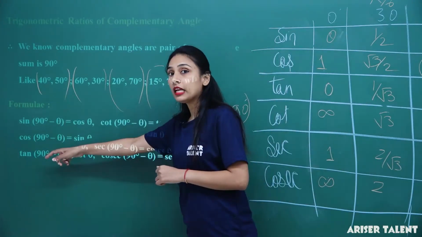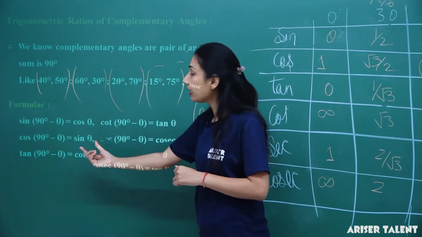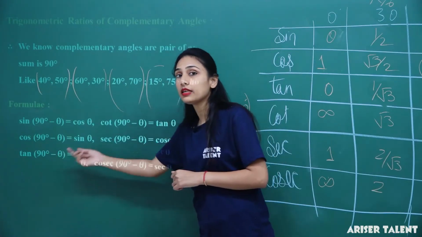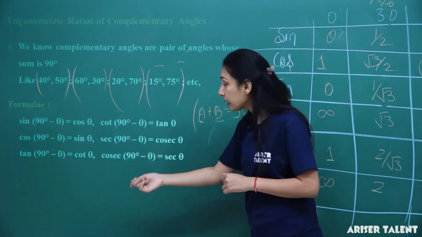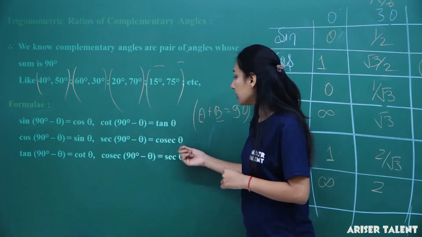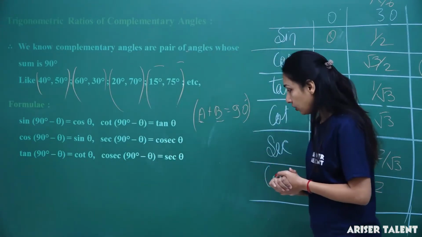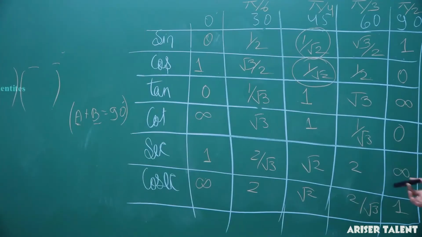So sin becomes cos, cos becomes sin, tan to cot and cot to tan, sec to cosec and cosec to sec. Note it.